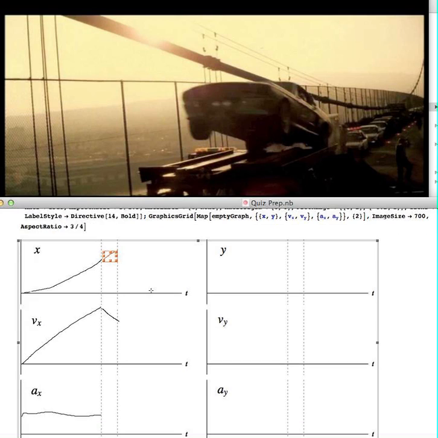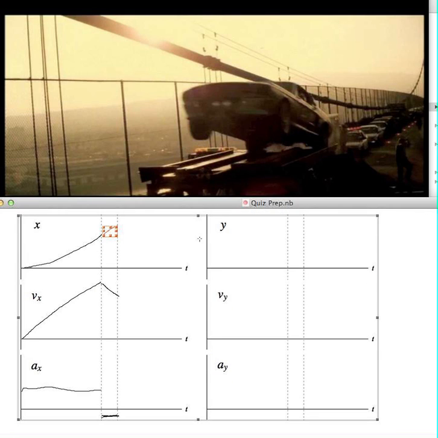Now let's consider the vertical direction. He's on the pavement, we'll call that 0, and he remains on the pavement until the ramp. His position's not changing, so his velocity mustn't change. It was 0 to start with, and it remains 0 until the ramp.